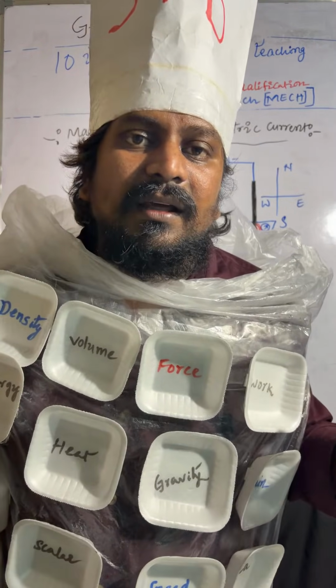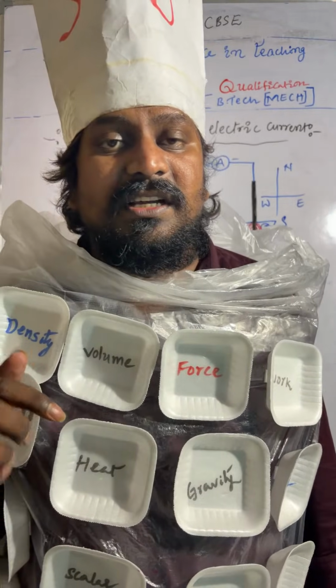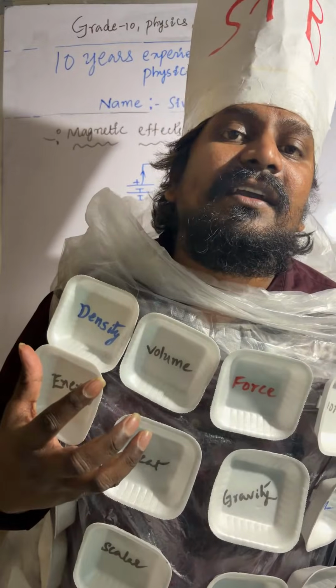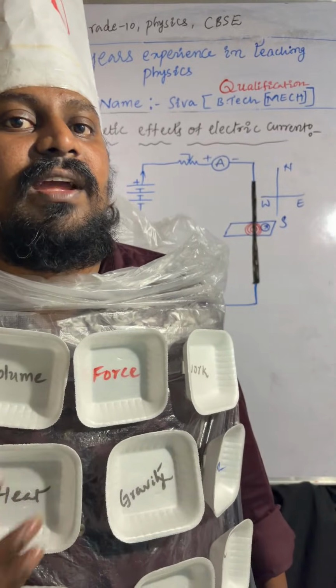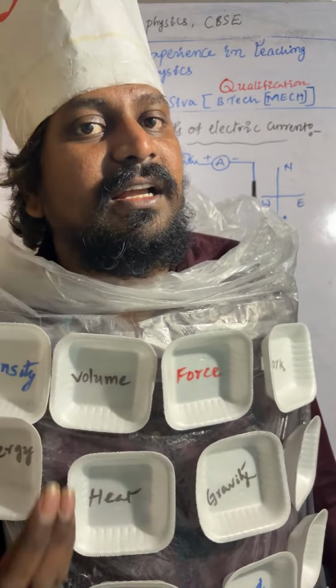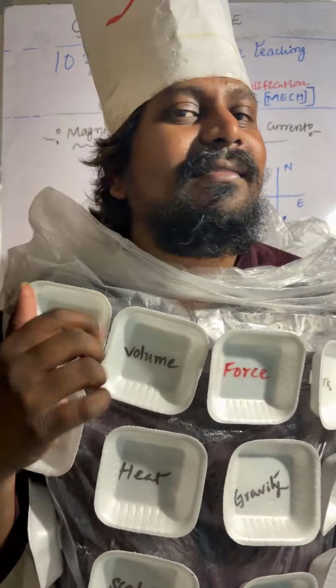Clear? But how can we identify the direction of the magnetic field? Here is the question: in which direction will the magnetic field be? By using the right hand thumb rule.